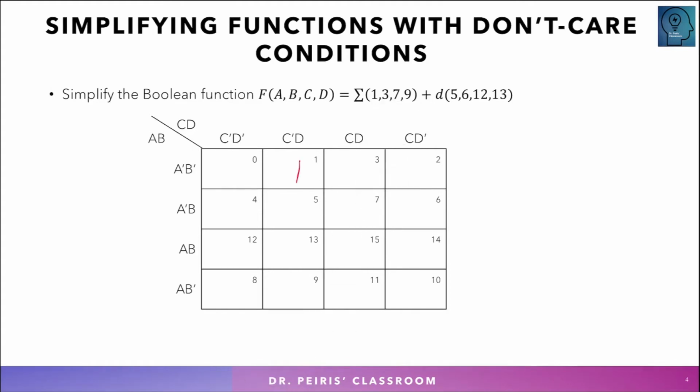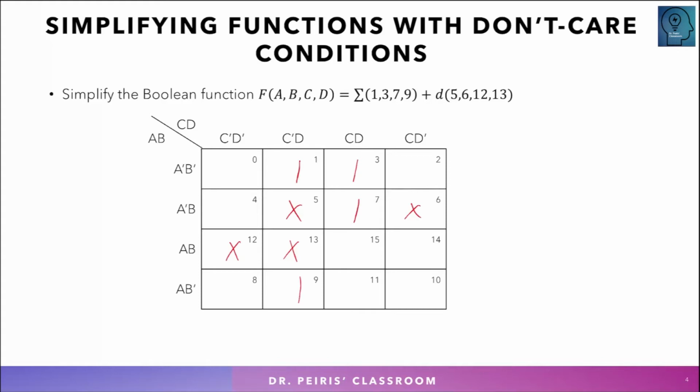So we mark 1, 3, 7, 9 with logic 1, and the don't cares are specified with the letter D. We mark these with crosses: 5 is a cross, 6 a cross, 12 is a cross, and 13 is a cross. Now when we group, we can treat these crosses either as a 0 or a 1, depending on what gives you the maximum number of minterms in the group.